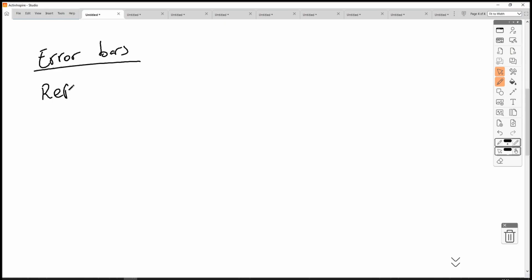So, for error bars, we first represent data point as a cross, not dots, not squares, not triangles, crosses. These are hand-drawn graphs. Exam board wants you to do crosses.